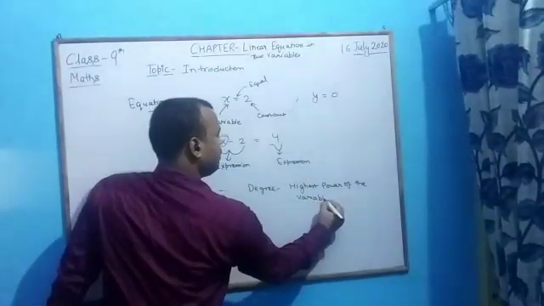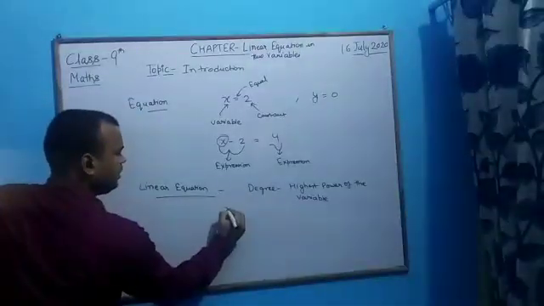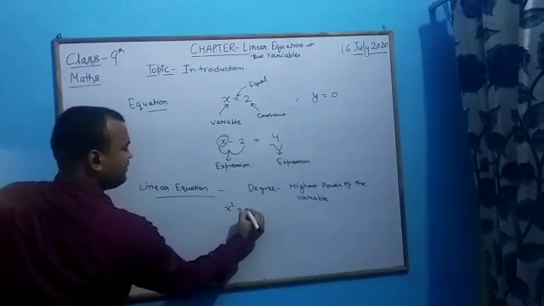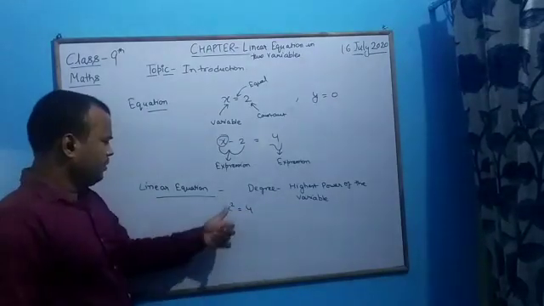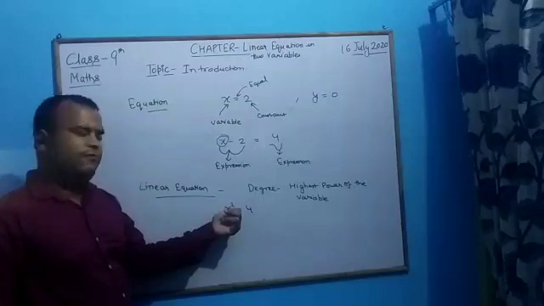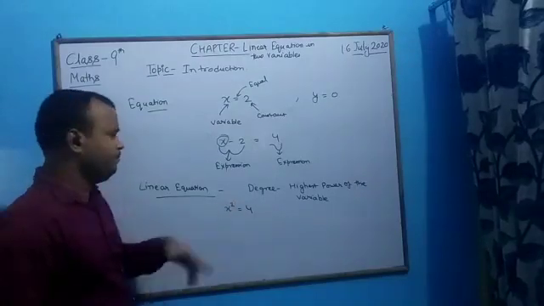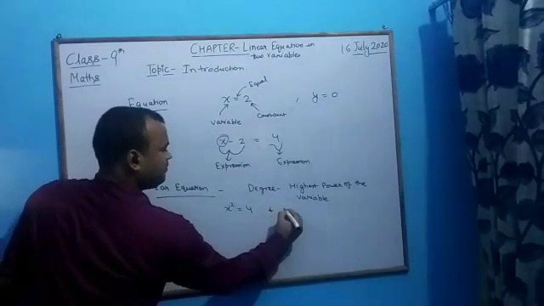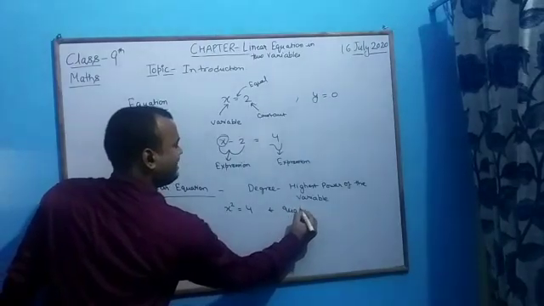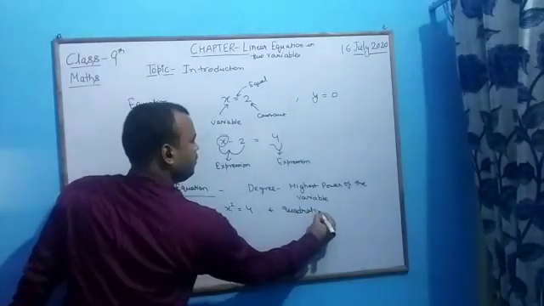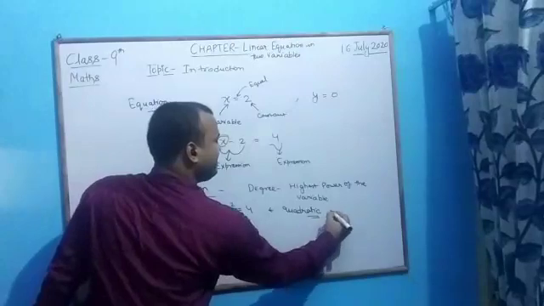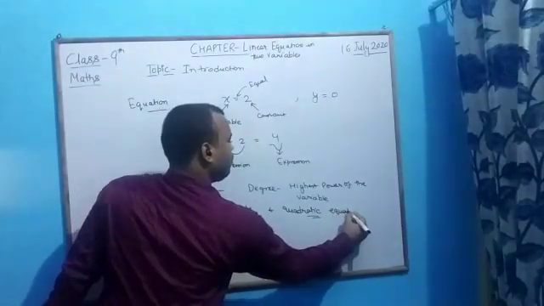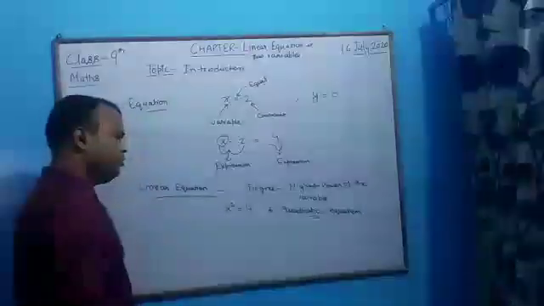Like if I am writing x square is equal to 4, here the power of x is 2, so it is a quadratic equation because the power of the variable is 2.